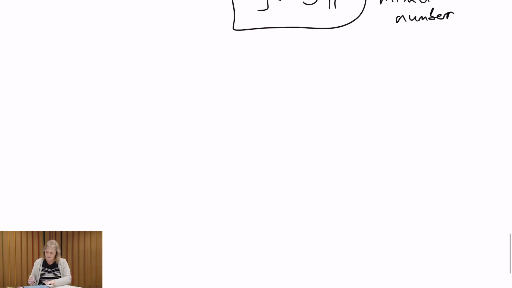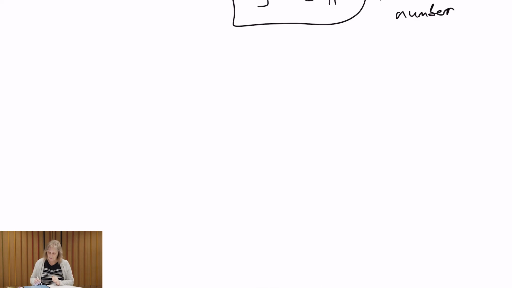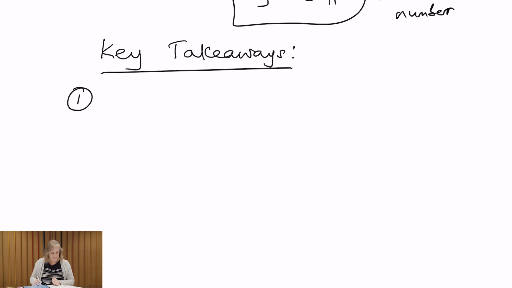Okay, so to sum up what we've looked at in the algebra topic, here are some key takeaways, things that we can just remember when we're using algebra for these types of questions. The first point is that algebra is its own language, and we have certain terminology and notation that we use.